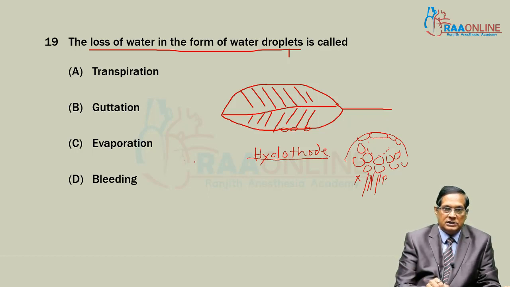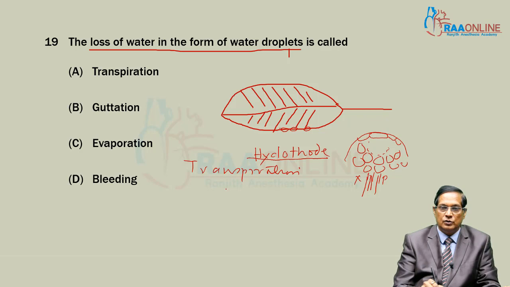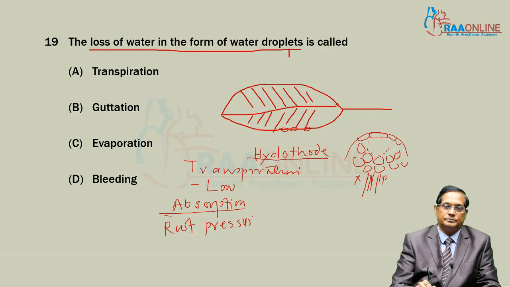If the rate of transpiration is low and absorption is high, root pressure increases. This root pressure acts on vascular tissue.